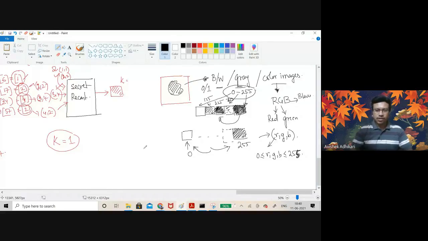So you can think of any colored image as being represented by these 3 coordinates. For example, say this is 100, 255, 200. That means the intensity of red is 100, the intensity of green is 255, and the intensity of blue is 200. So that will represent a color.